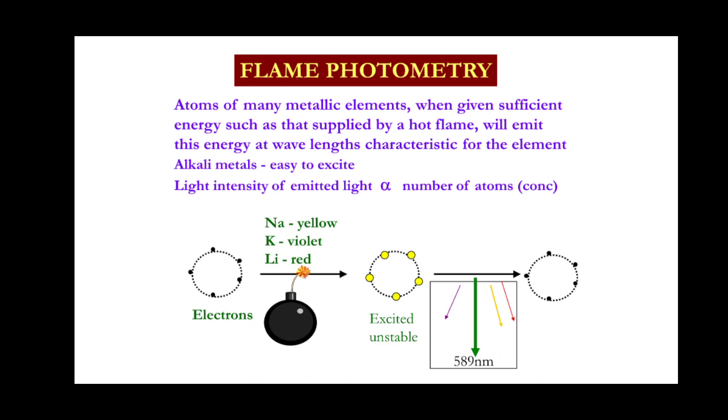So basically the atoms of many metallic elements, when given sufficient energy such as that supplied by a hot flame, will emit this energy as a wavelength characteristic for the element, alkali metals being easy to excite. The intensity of emitted light will be proportional to the number of atoms.